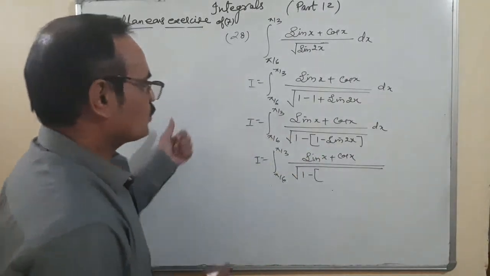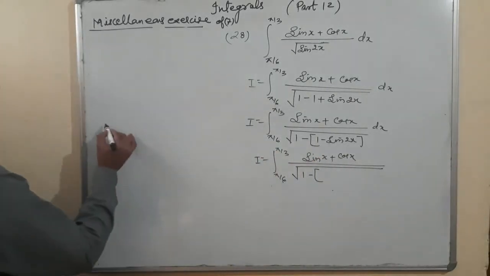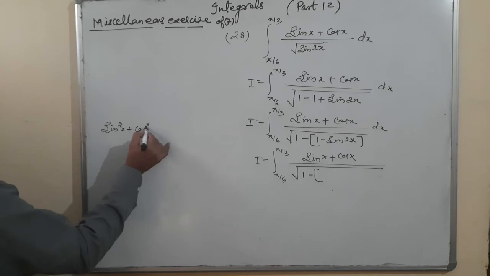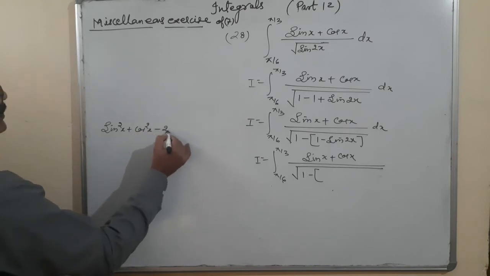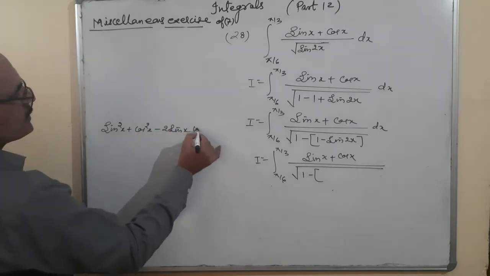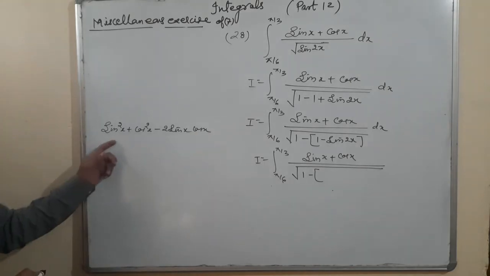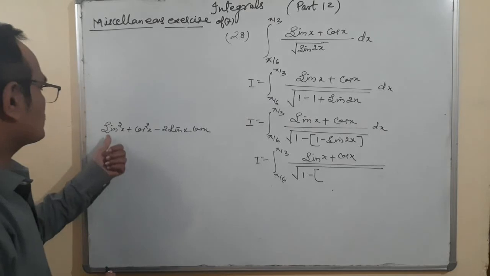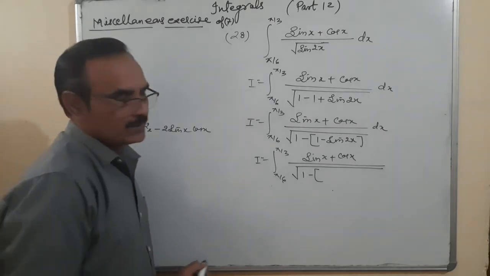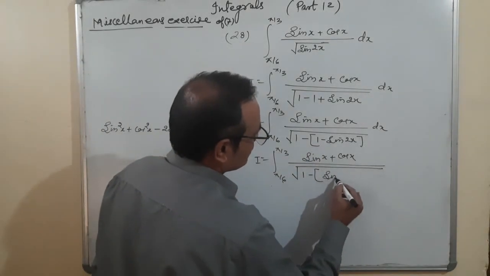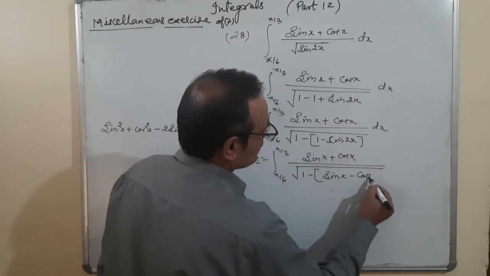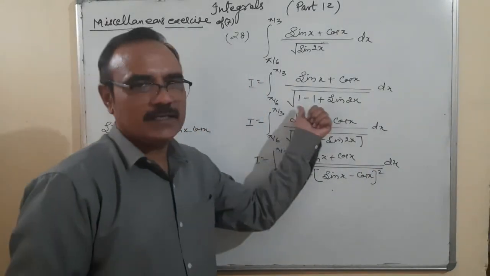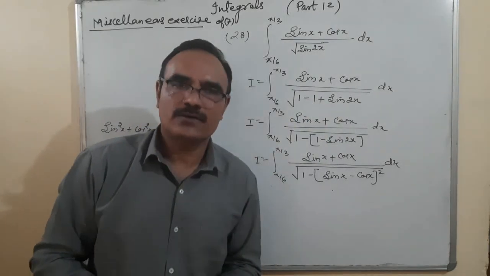I am solving this here. 1 can be written as sin square x plus cos square x, and minus sin 2x is written as minus 2 sin x into cos x. What is this? A square plus b square minus 2ab is a minus b whole square. So I can write here sin x minus cos x whole square. And that's why we have added here plus 1 and minus 1. Got it?